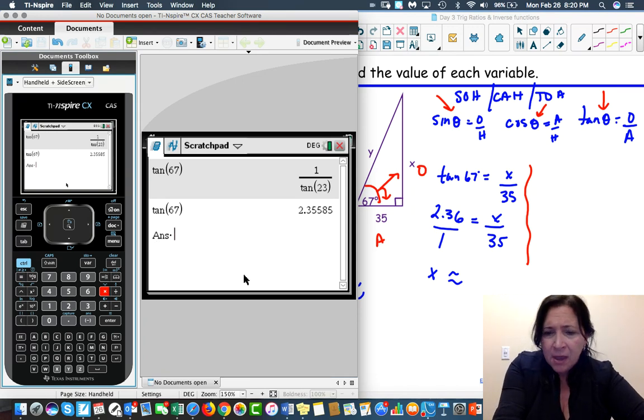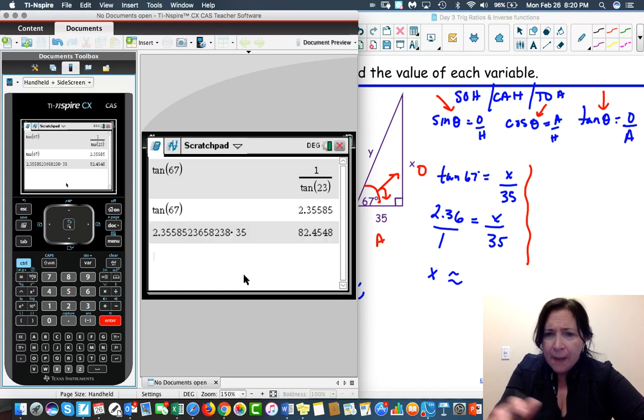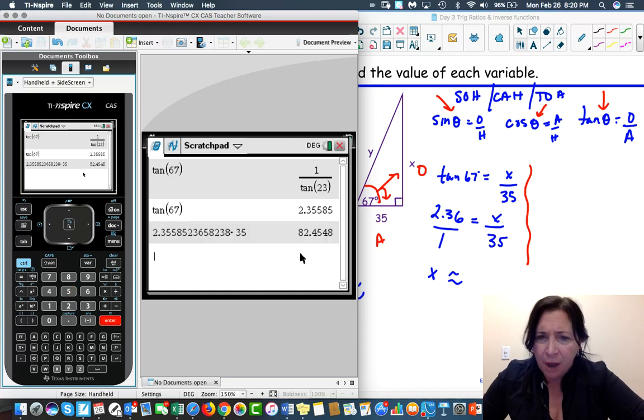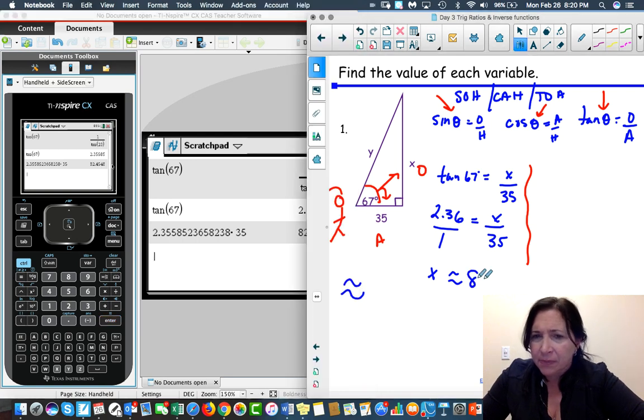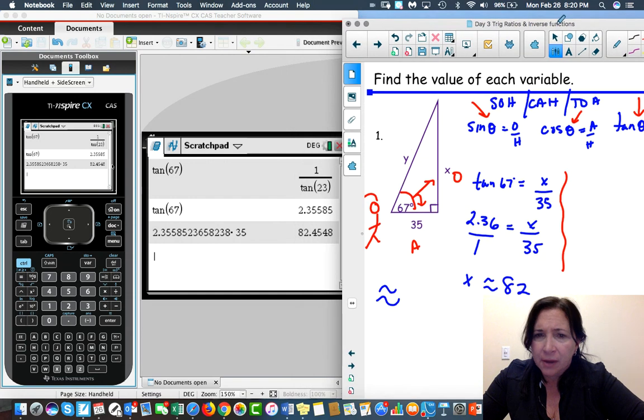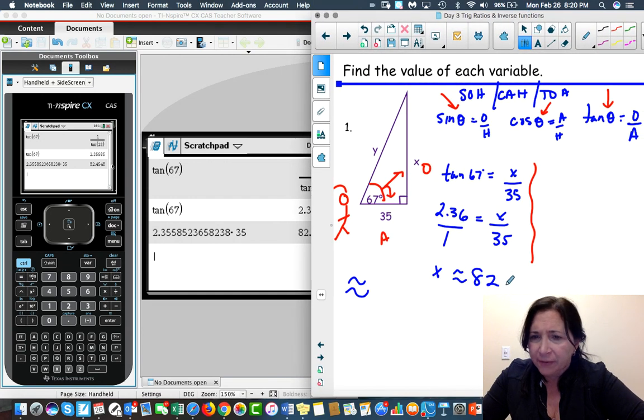Then 35, and press enter, and that gives me approximately 82.45. Because this is a length of a side, I'm going to round to the nearest tenth. So that's 82.5, and that's going to be the value of x.